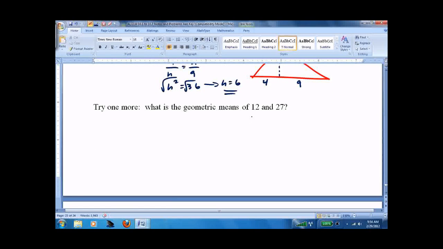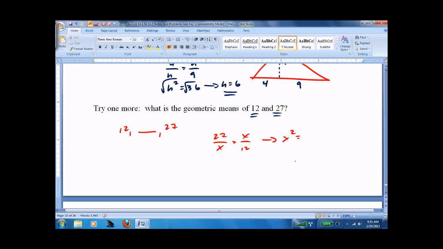So, one more. Try it on your own if you want. I'll let you pause. And there it is, x equals 18.